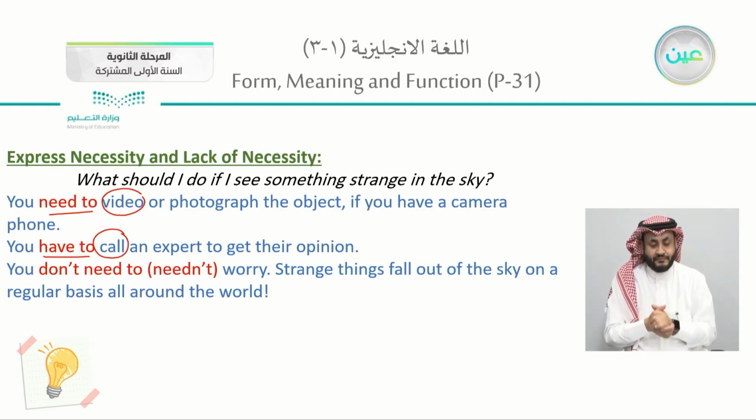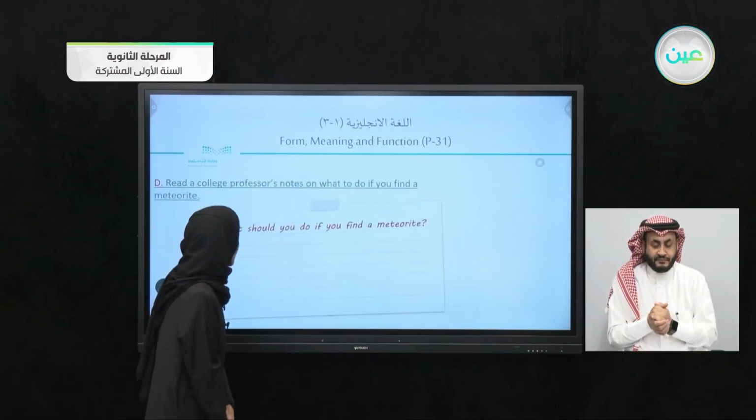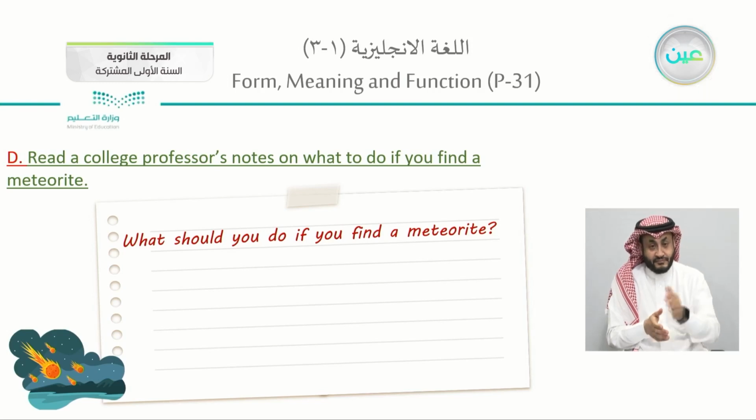You don't need to, and the short, contracted form, needn't worry. Strange things fall out of the sky on a regular basis all around the world, so you don't need to worry about it. It is all okay.